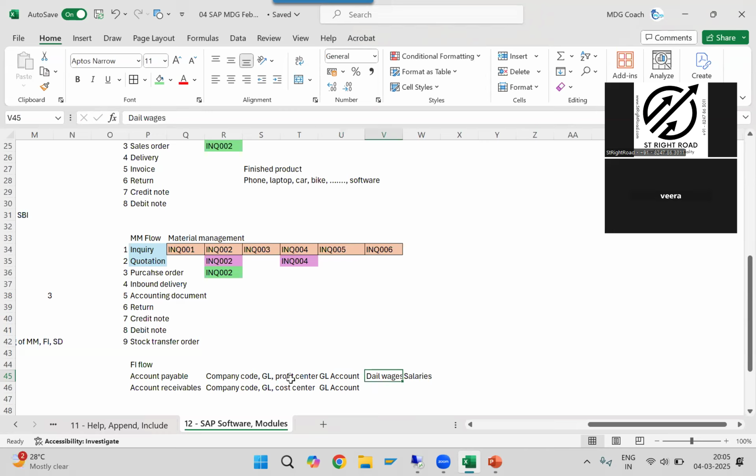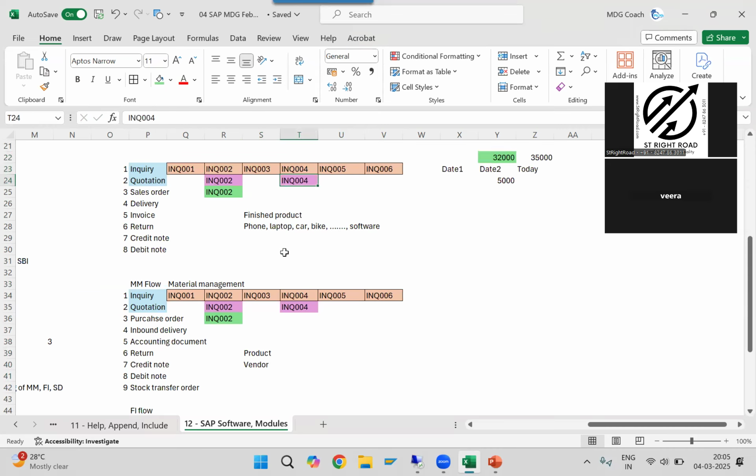So in the FI flow, this is master data. Coming to MM flow, here the product is the master data, vendor is the master data. Let's say you are going to get quotations from multiple vendors. So many customers will come. All the customers you have to log the data. Here, products.